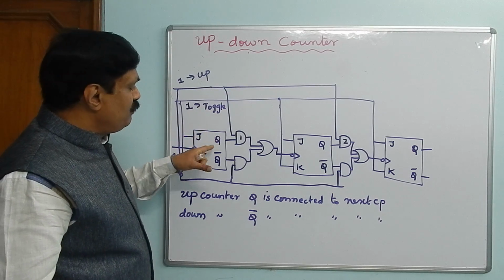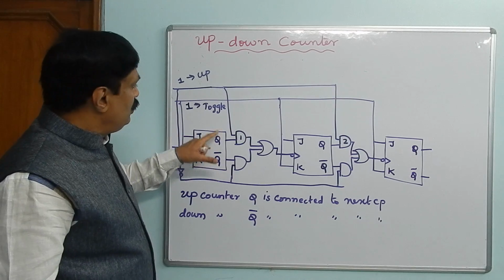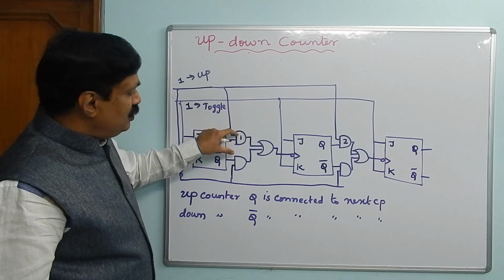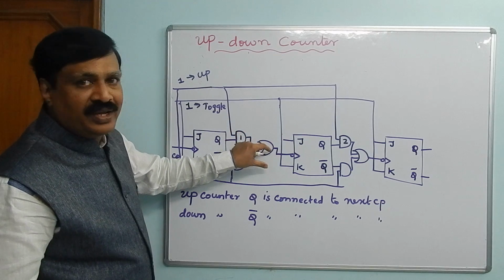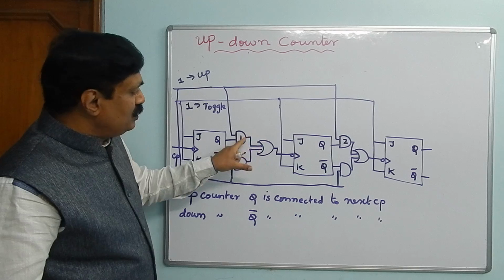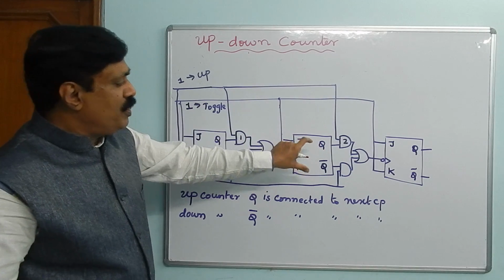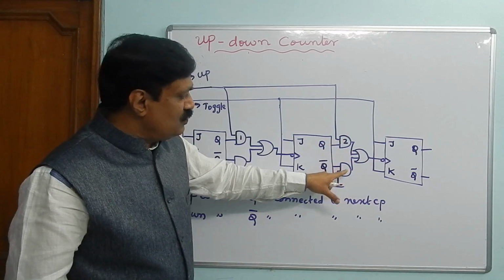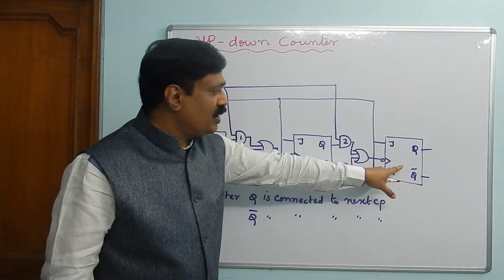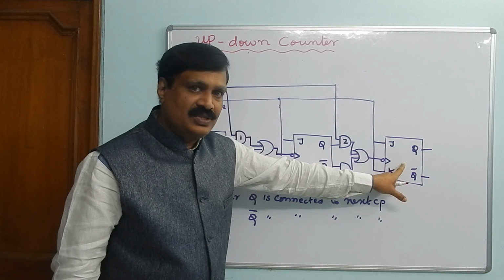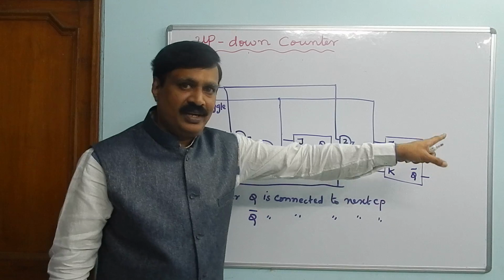For example, if it is 1, then this is 1 and this is 1, so this AND gate will respond. Therefore this will go to the OR gate, and depending on this and this, it will respond or not respond. It then goes to the next JK flip flop and further on.